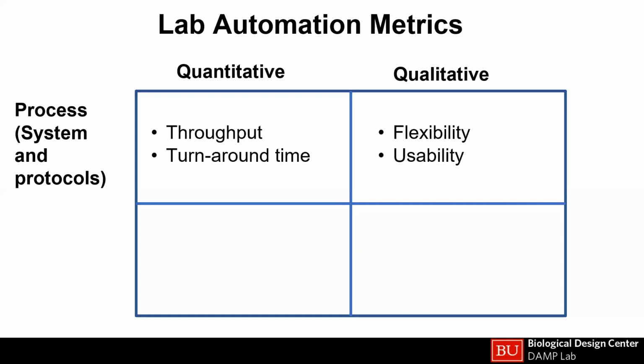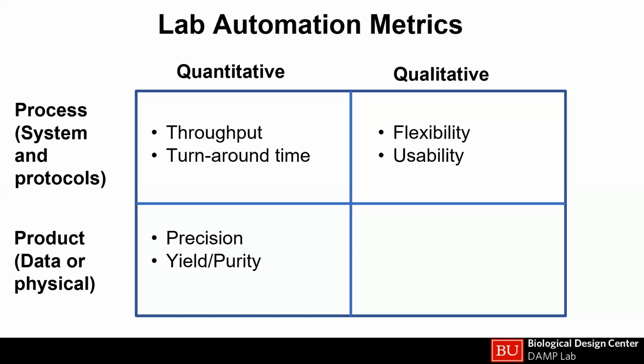Okay, the other thing is I think about the product. This is the data or physical sample that comes through this system. Quantitatively, you can talk about the precision of the result or the yield or purity, whether this is very high quality, reproducible. And then qualitative are things like, what form does it come in?